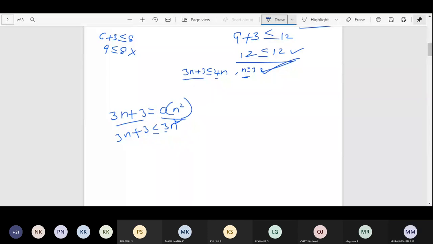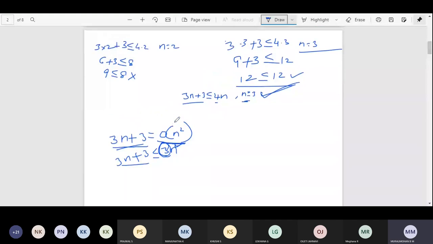Is anyone facing confusion here? Whatever the question is given, this is f of n and this is g of n. We should write this c such that f of n is less than or equal to c into g of n.